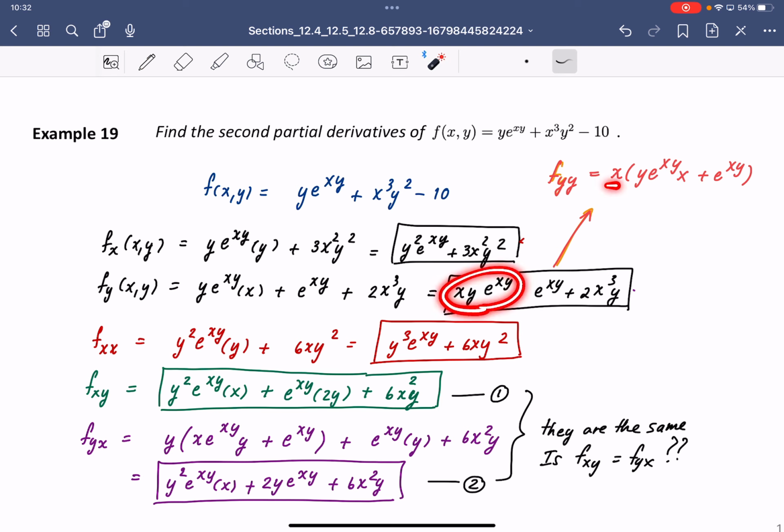You keep x, and then y e to the xy times x, and then plus e to the xy, differentiate y, you get 1. And then e to the xy here, you differentiate, so you get e to the xy times x when differentiating with respect to y, and then plus 2x cubed y, so you get 2x cubed.